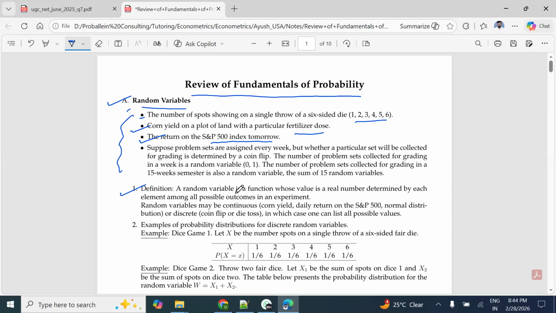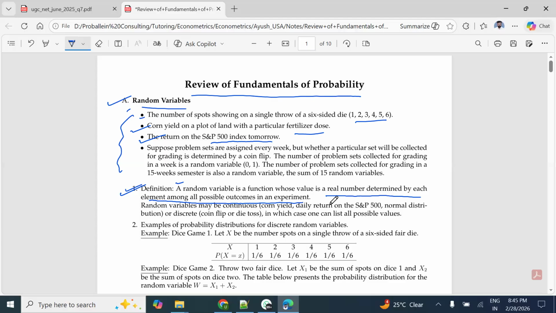Now the definition: a random variable is a function whose value is a real number and which is determined by each element among all possible outcomes in an experiment. Okay, Ajay, please write it down. A random variable is a function whose value is a real number, determined by each element among all possible outcomes in an experiment. Because very few people know what a random variable is.